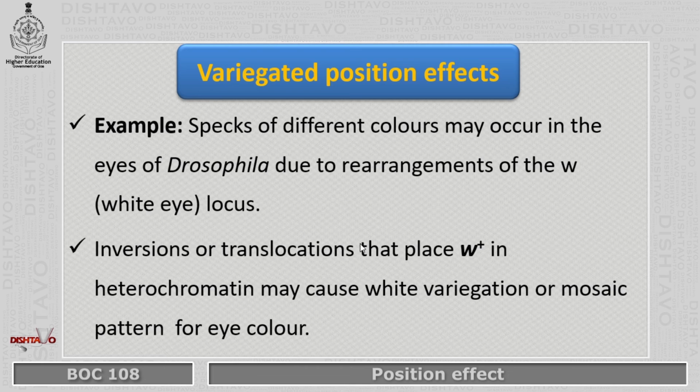Inversions and translocations can take place in the white eye gene, that is the W+, the wild type gene for red eye color, and they can translocate this gene to the heterochromatic region, and this may cause white eye variegation or a mosaic pattern for the eye color.